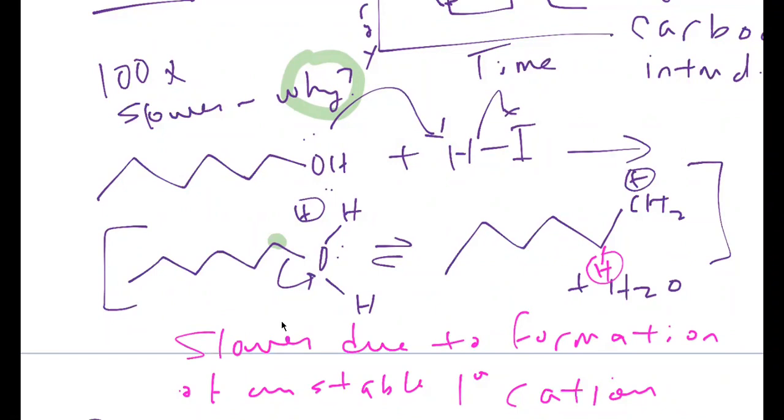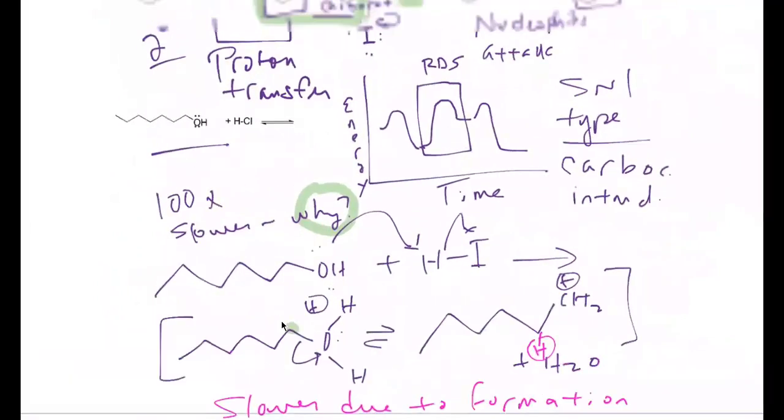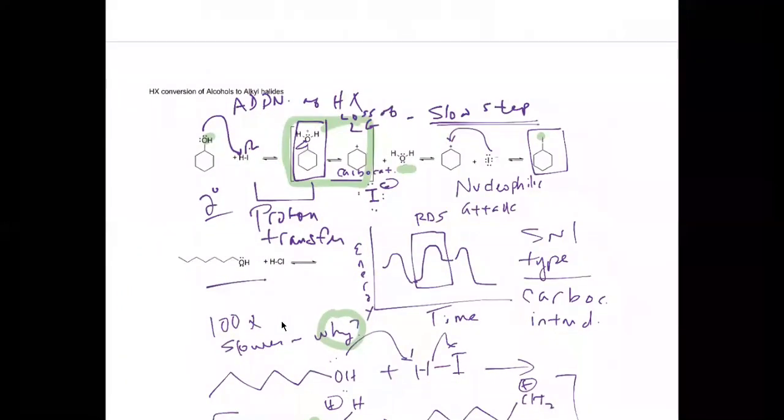All right. So again, this method is better suited to secondary and tertiary alcohols, but it's more favored with a tertiary than it is with any of them. Could you go back down? Oh yeah. You mean back down to here?